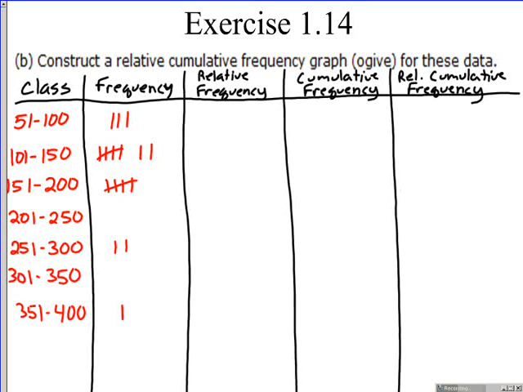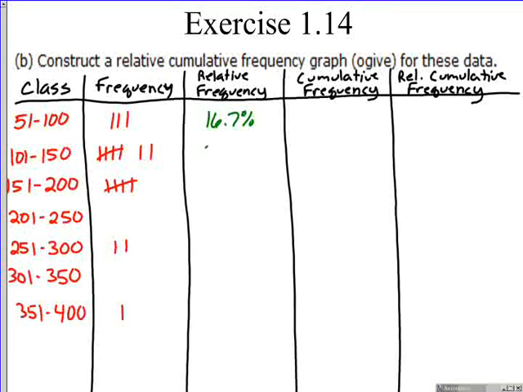So now for our relative frequency. Go through and divide however many there are, divided by the total. So for the first group, we're going to go 3 divided by 18, which is 16.7%.